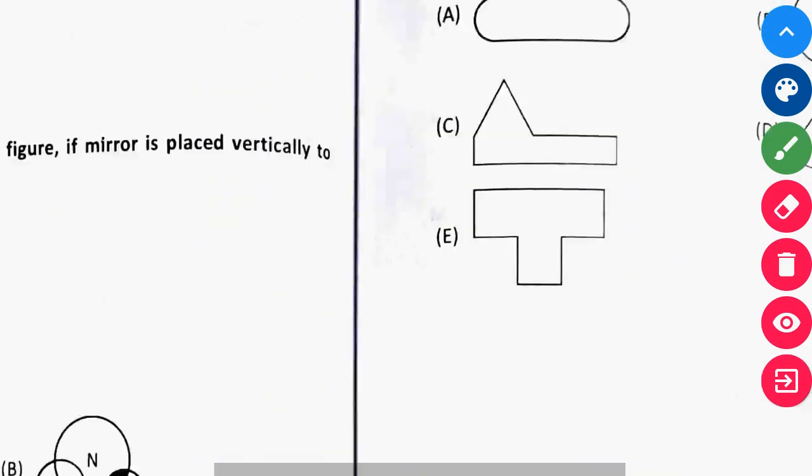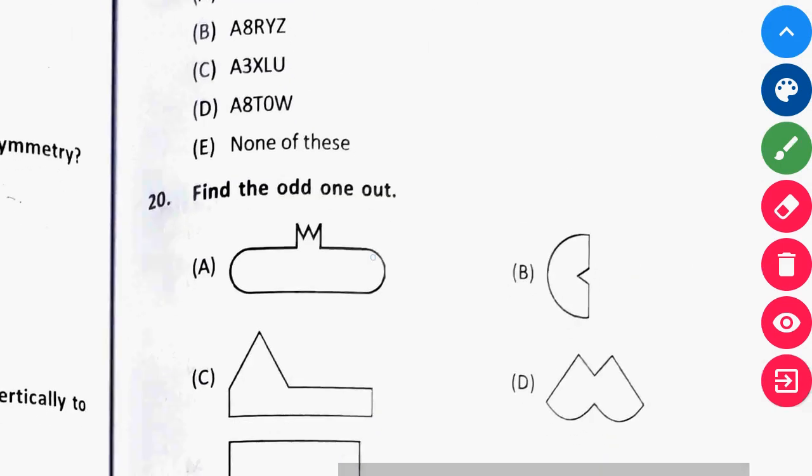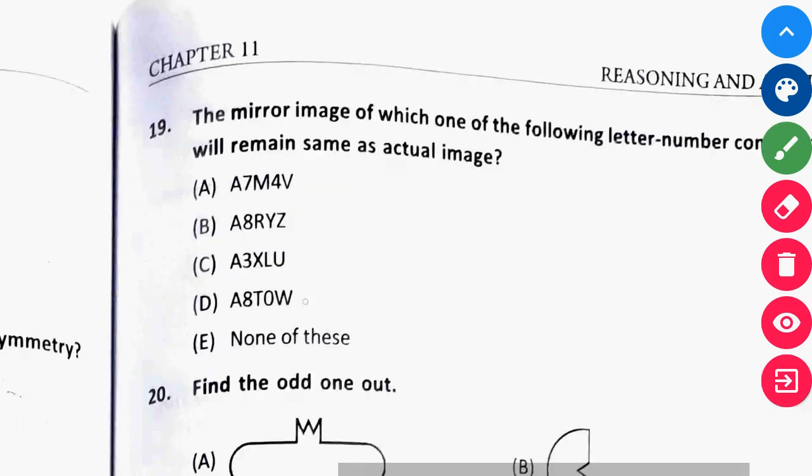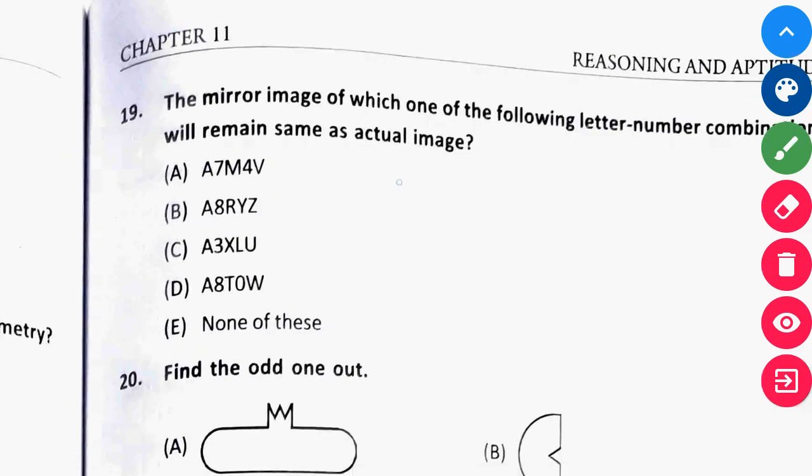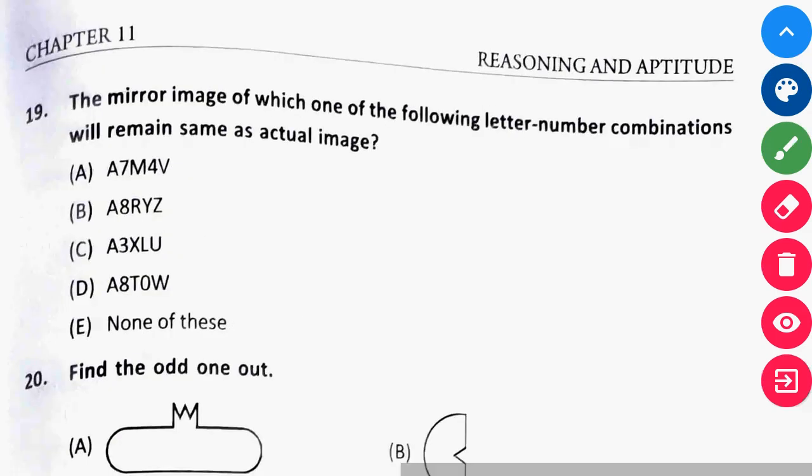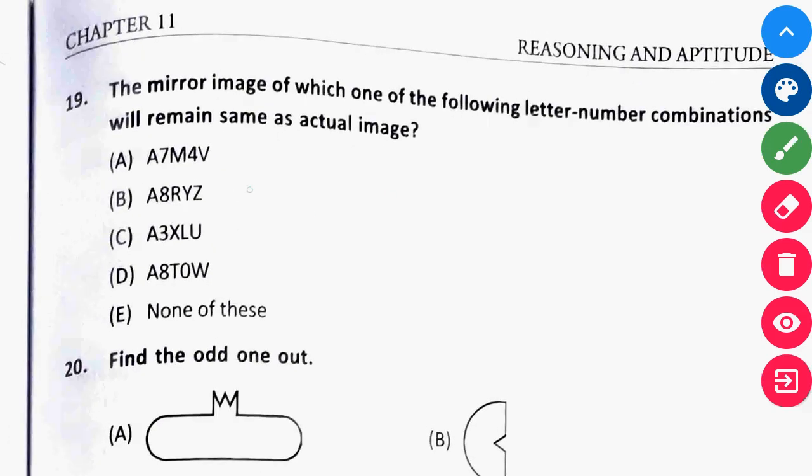Okay. Now the next question is, mirror images of which one of the following letter number combinations will remain the same as the actual image.